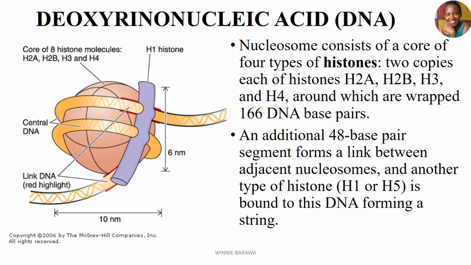So this will come in various pairs. It's not just a single H1 or H5, but several of them, and it can go all the way to 48 pairs and so on. But it's just to stabilize and link these histones.